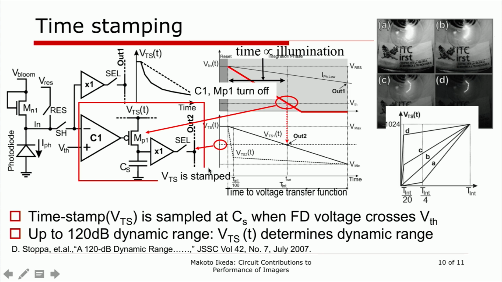For this, the transfer curve is determined by this time stamping signal. So if the time stamping signal transitions in a very short time period like D, then a very bright scene can be captured. On the contrary, if the transition is very slow, the very low light condition part can be captured. So with that, you can synthesize images with a very wide dynamic range.